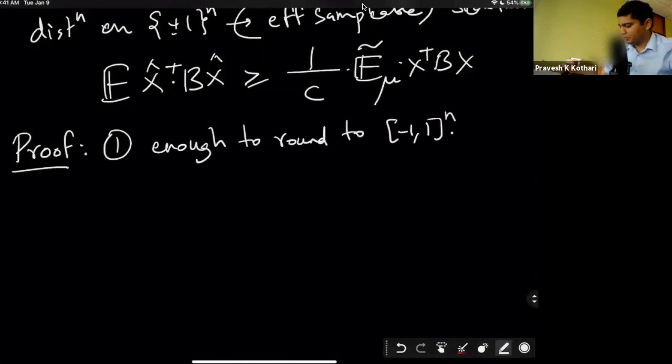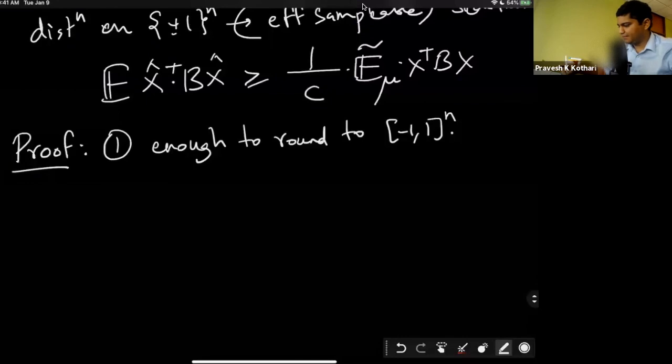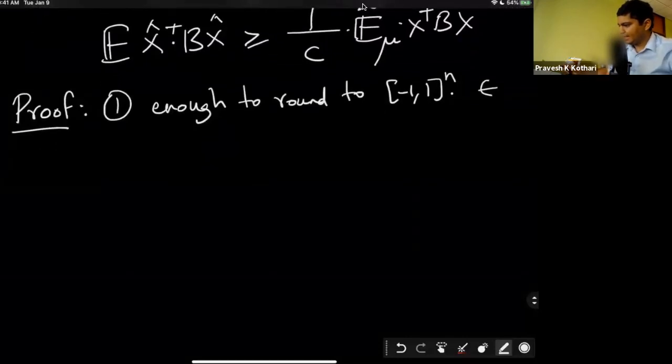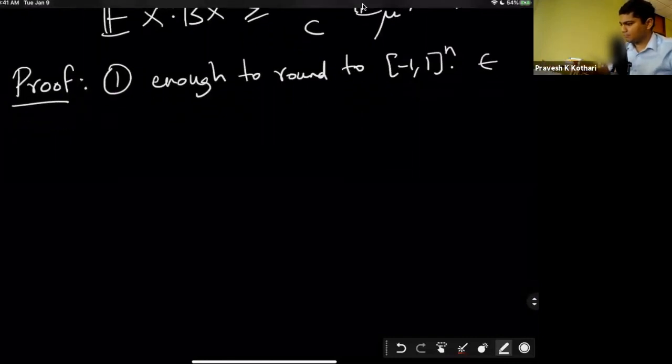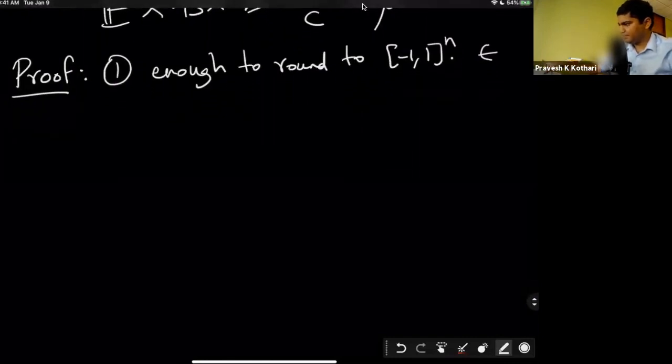Okay, so that's what we'll do. We'll basically focus on this goal, and it's going to be a really simple rounding. So how would it work? So the idea is this, right?